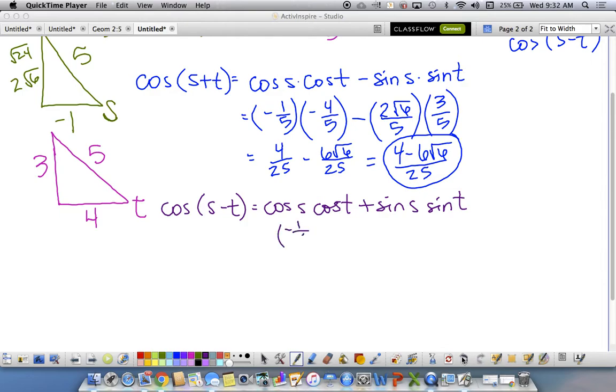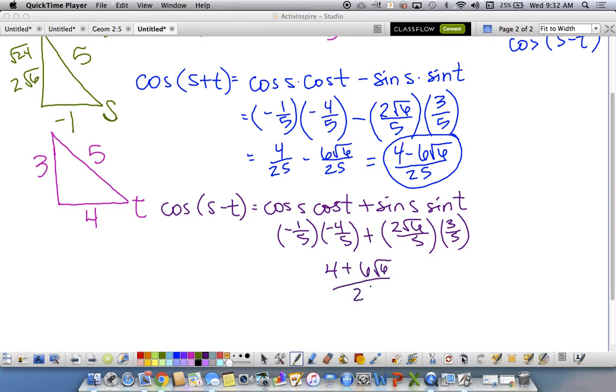I'm going to write it down, even though you really don't have to. It's the exact same thing. So we have 4 plus 6 times the square root of 6, all over 25. Simple as that.